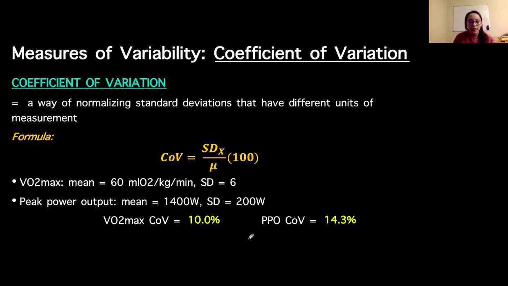But the way that we evaluate which of these is more variable than the other is based on the actual quantitative value of the percentage. So a lower percentage means that there's less variability relative to whatever the other variable you're looking at, right? In this case, we would say VO2 has lower variability than the power output data, okay?